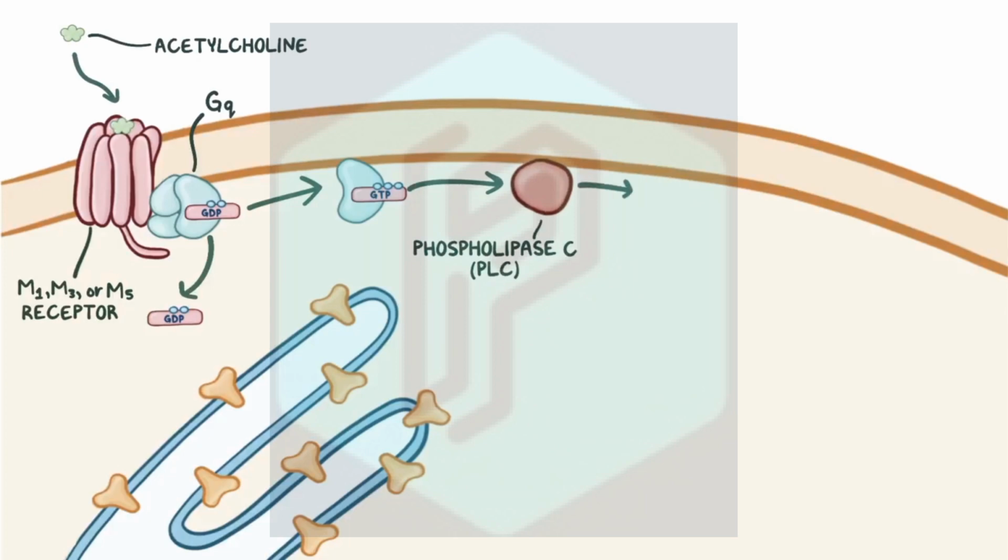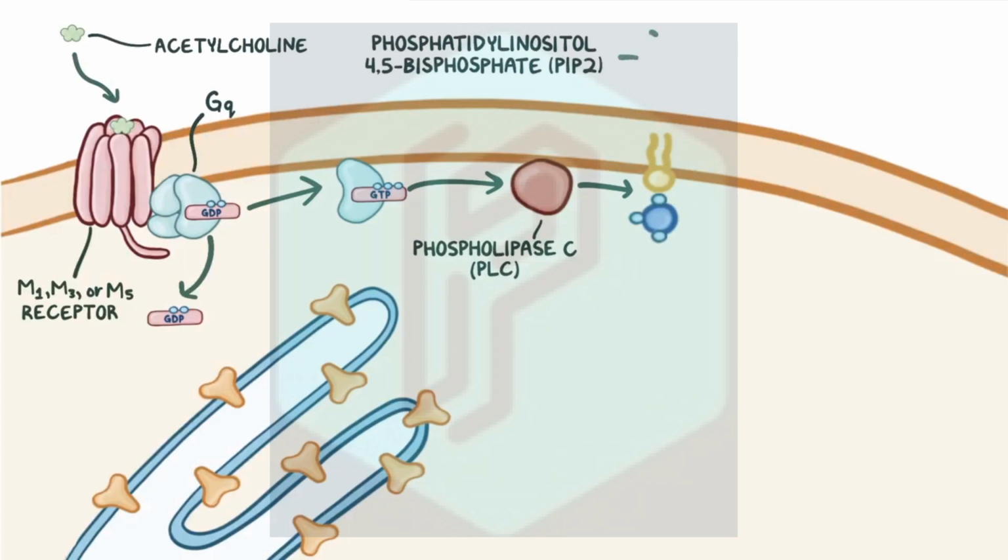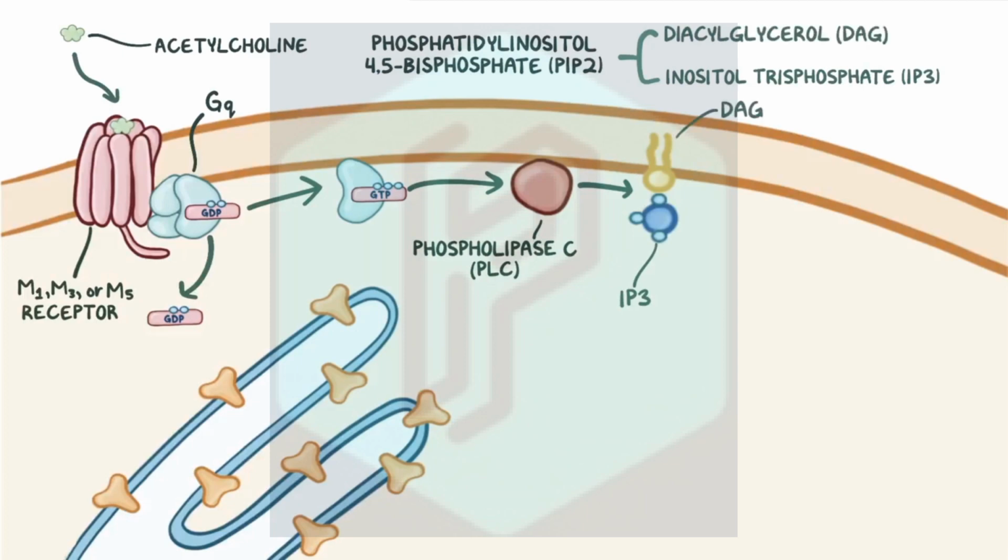PLC then cleaves a phospholipid called phosphatidylinositol 4,5-bisphosphate, or PIP2, into 2 parts, one of which is inositol trisphosphate, or IP3, which is soluble and diffuses freely in the cytoplasm, and the other part is diacylglycerol, or DAG, which remains attached to the cell membrane.